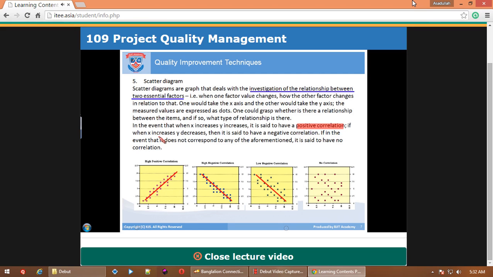But if x increases, y decreases, then we say it is a negative correlation. If there is no such relationship, we call it no correlation.